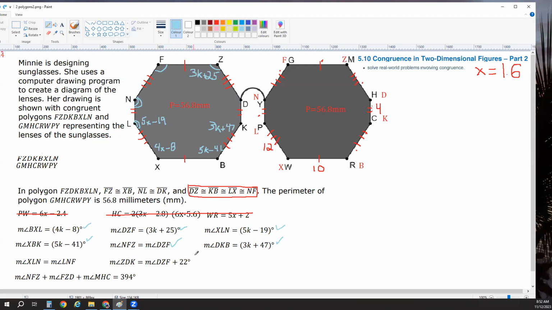I shouldn't do that. This is equal to ZDF. This equals ZDF, K plus 22. I got a feeling that that's going to be needing ZDK.